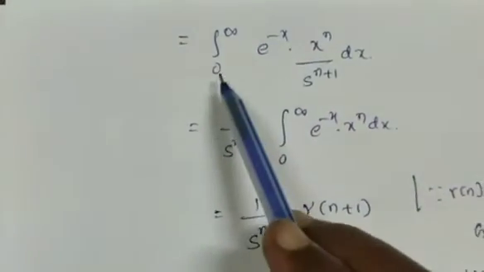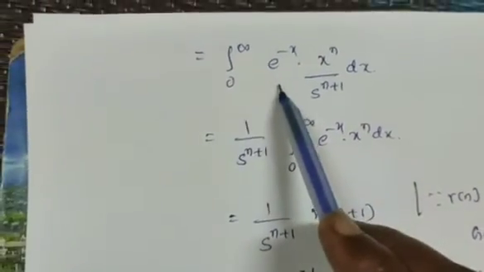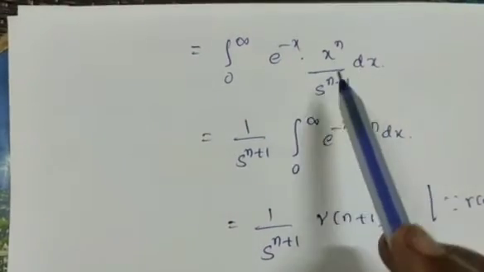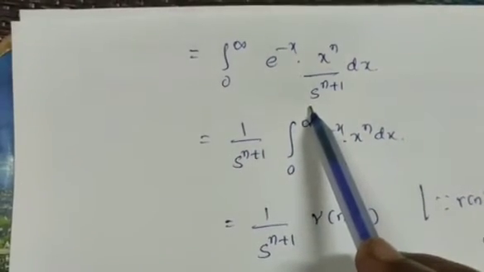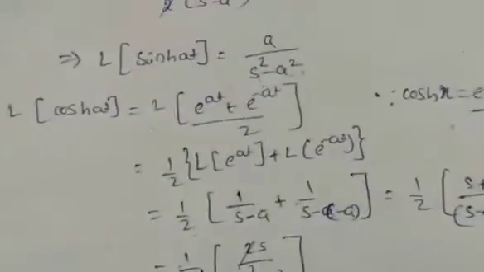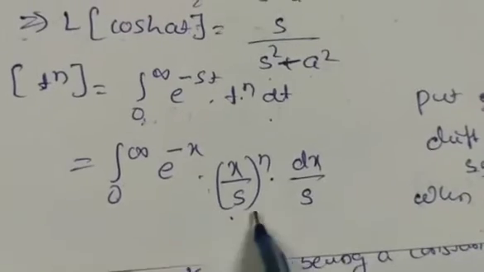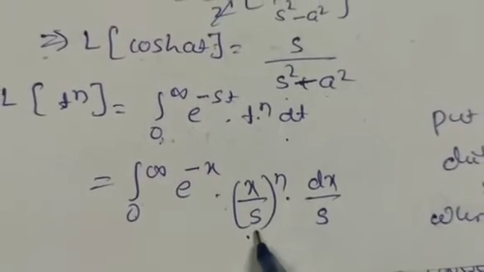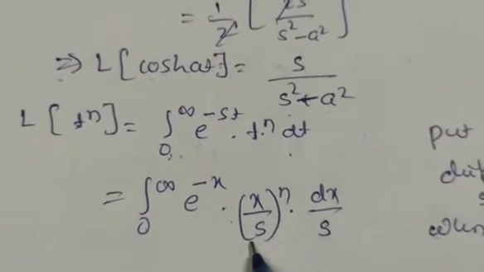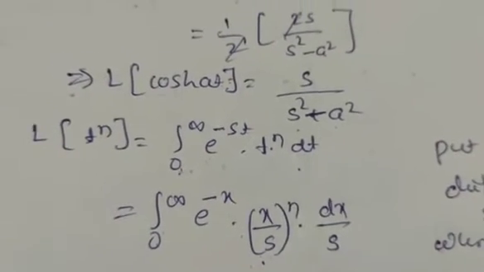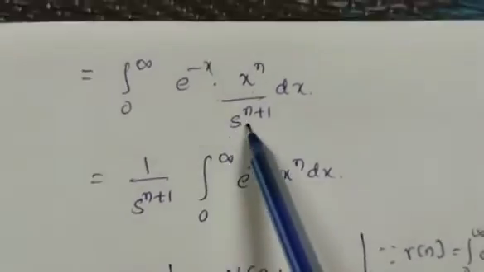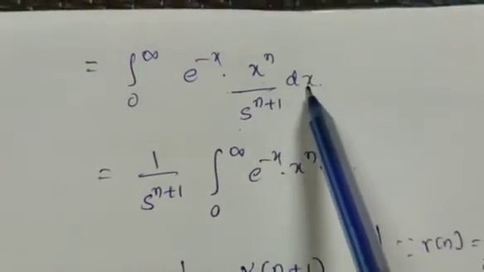Let us take this as the integration from 0 to infinity of e raised to minus x into x to the power of n divided by s to the power of n, which is s to the power of n into s, so s to the power of n plus 1, into dx.